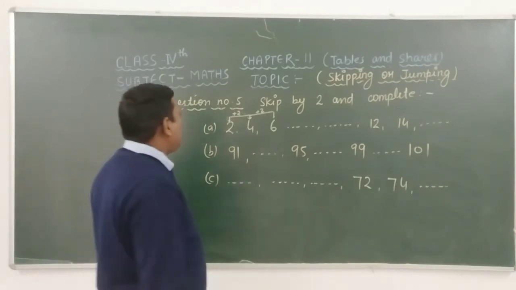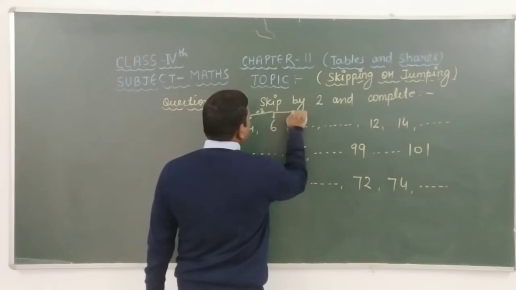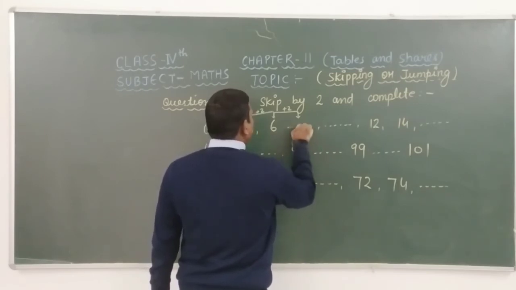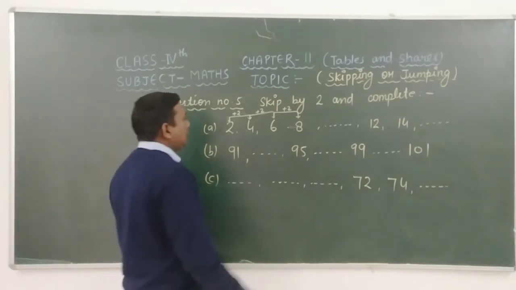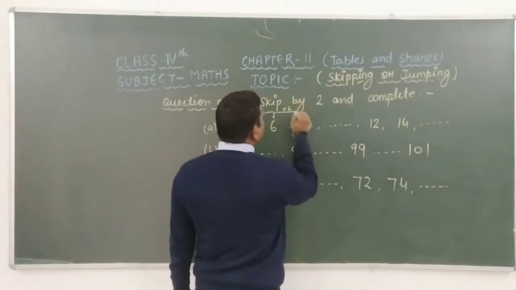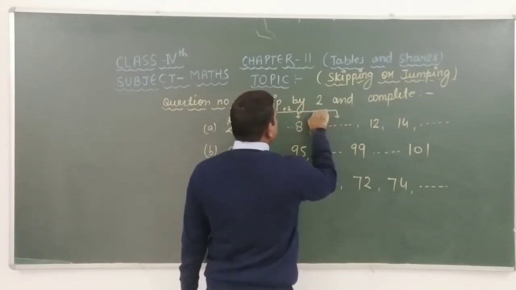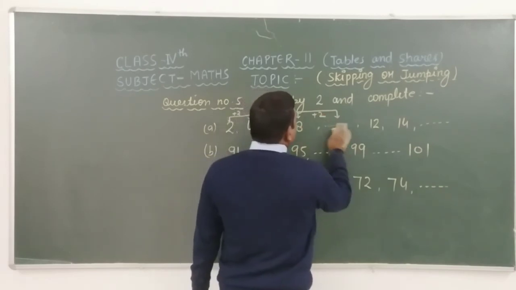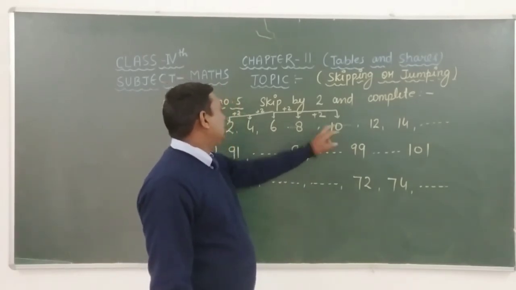Similarly, if we add 2 to 6, we get 8, so we can write 8 here. If we add 2 to 8, 8 plus 2 is 10, so we write 10 here.